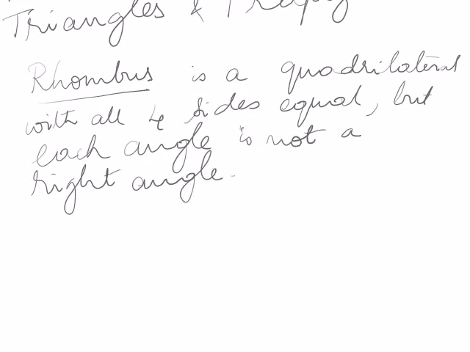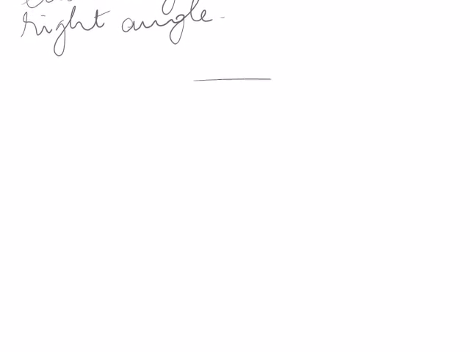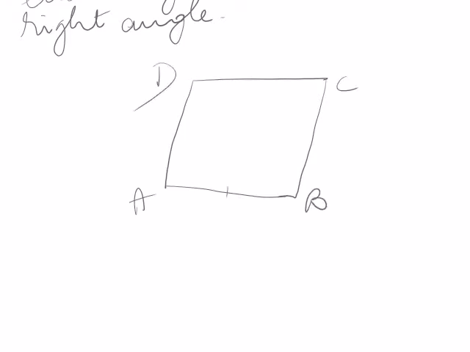Okay, so now for example, A, B, C, D, where each side is equal to a. Okay, so this is a rhombus.